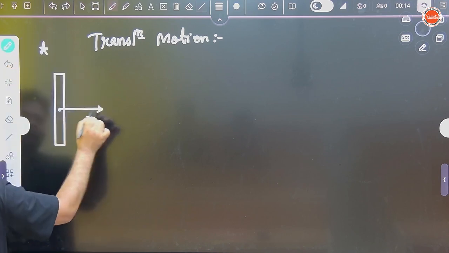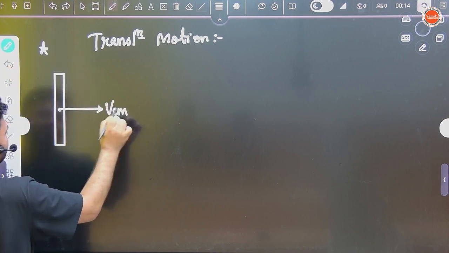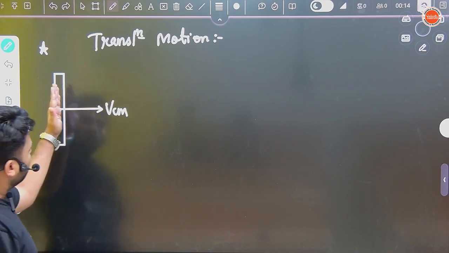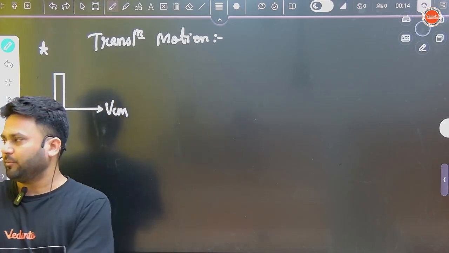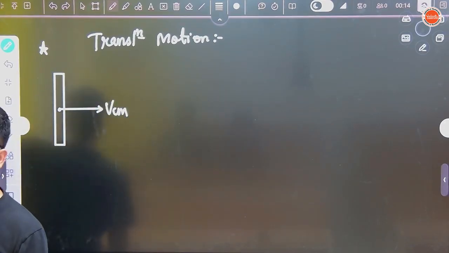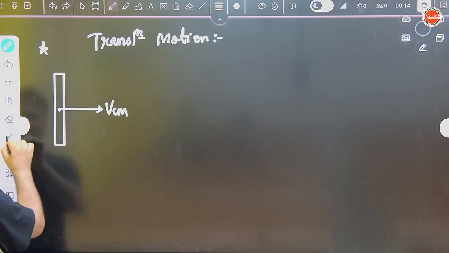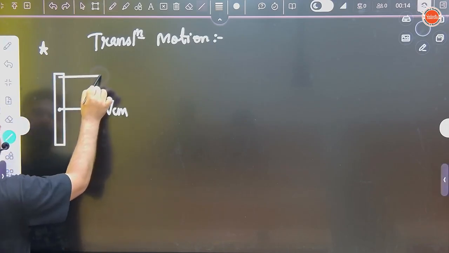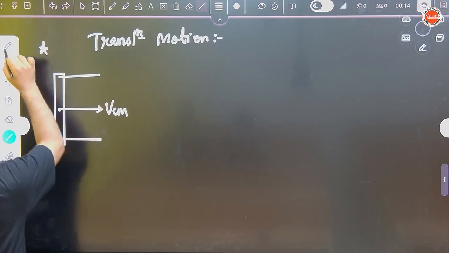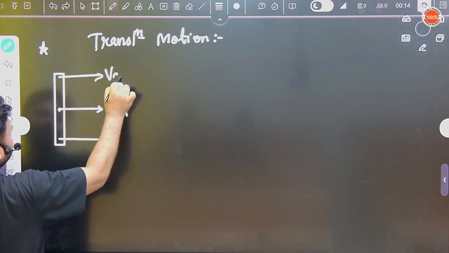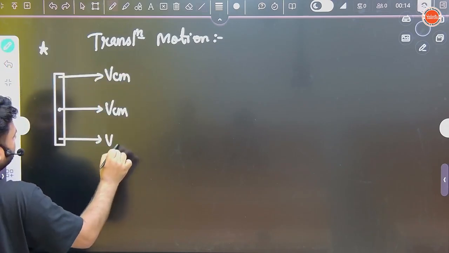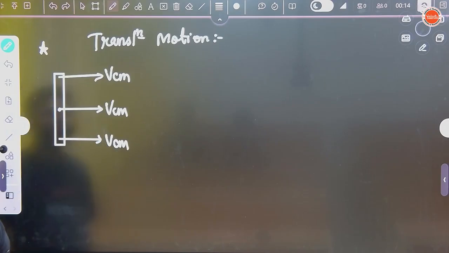Suppose this is the center of mass, so this is the velocity of the center of mass. So what will happen? All the points will move with the same velocity. Like suppose this is my pen, moving with this velocity. If I say about this point, it will also move with v velocity, with V CM. So this is translation motion.